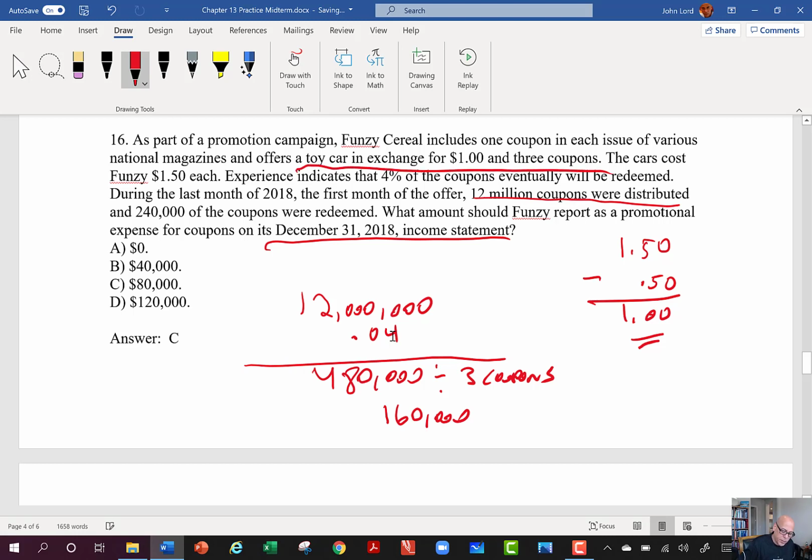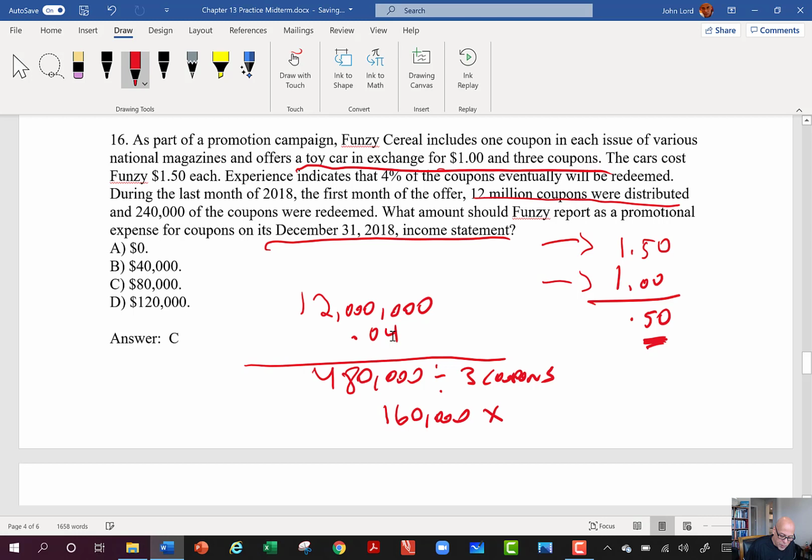I'm sorry. The car costs us $1.50, and they have to send us $1 in. So that means the net cost of the car is 50 cents. The customer sends us $1, the car costs us $1.50, so we're going to end up paying out a net 50 cents per car.